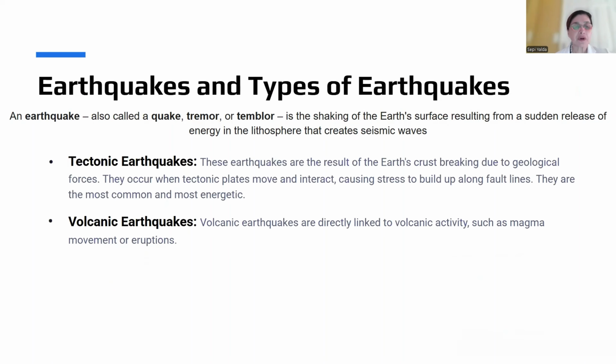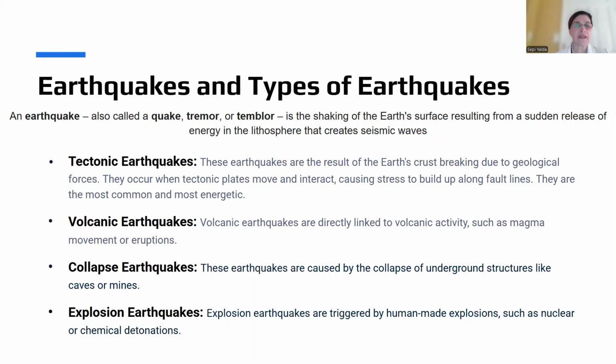There are different types of earthquakes, so I'll quickly touch upon these. There are the tectonic earthquakes, which are basically the result of the Earth's crust breaking due to different forces, movement of the plates, and along fault lines, which we'll talk about in a little bit. Then there are volcanic earthquakes, which, as the name indicates, are directly related to volcanic activity, such as magma movements or eruptions.